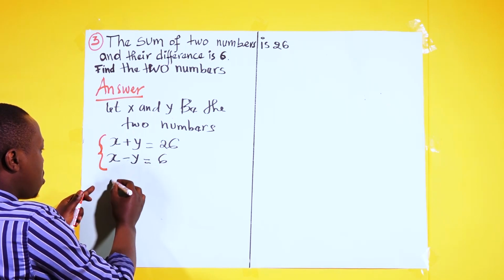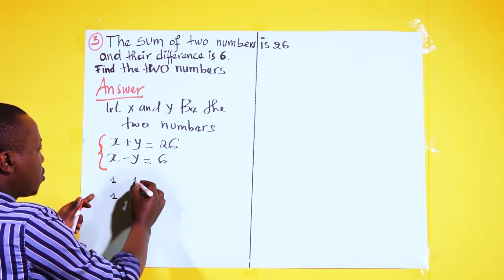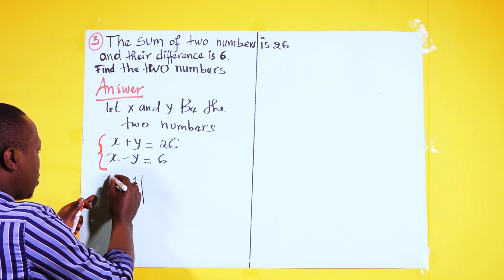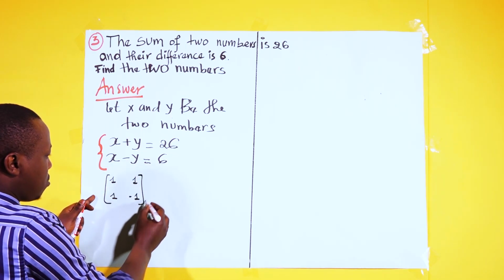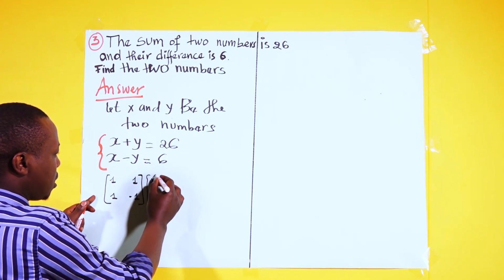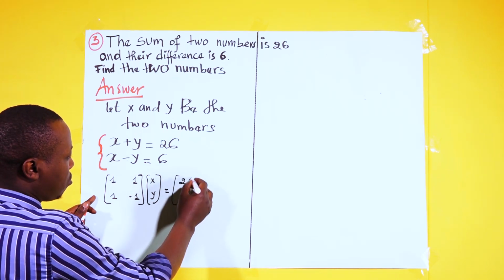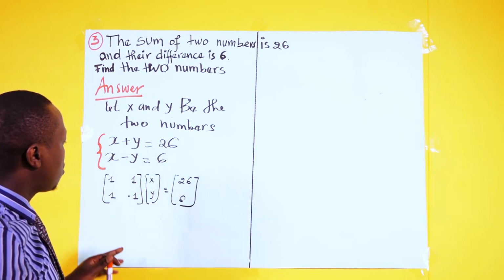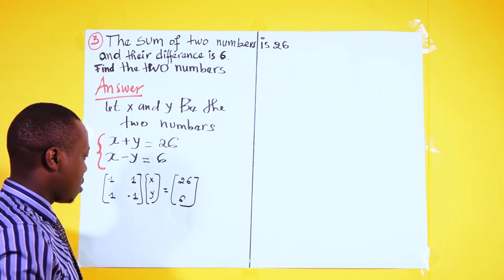The coefficients in the first row are 1 and 1, and in the second row, 1 and negative 1. You multiply this matrix by another matrix, x and y. This gives us 26 and 6 as another matrix, our answers. So we express our system in terms of matrices.